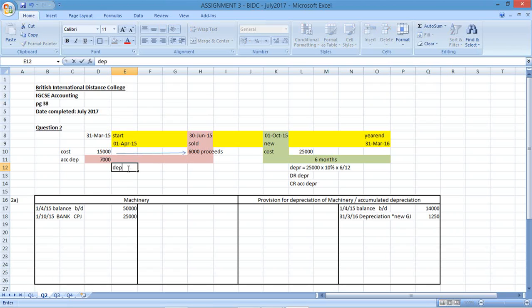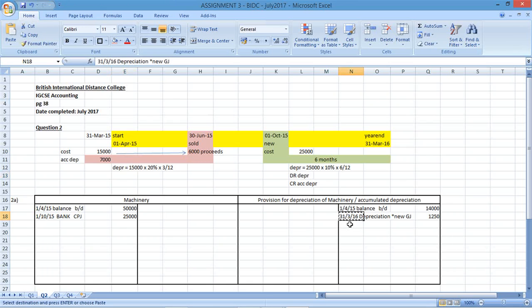So in order to provide for that, I then need to do a calculation. So how much depreciation will I have? Well, let's check. They told us in the question that machinery is 10% on the cost of machinery held at the end of each financial year. So if it's 10% on the cost, that's using the straight line method. So we'll have 15,000 times 20% times, we've got April till June, which is April, May, June, 3 months, 3/12. That's going to be the depreciation.